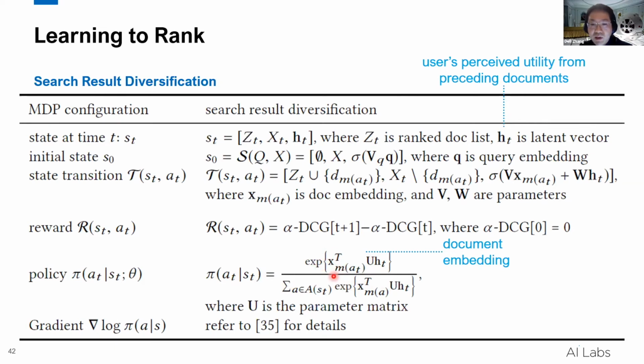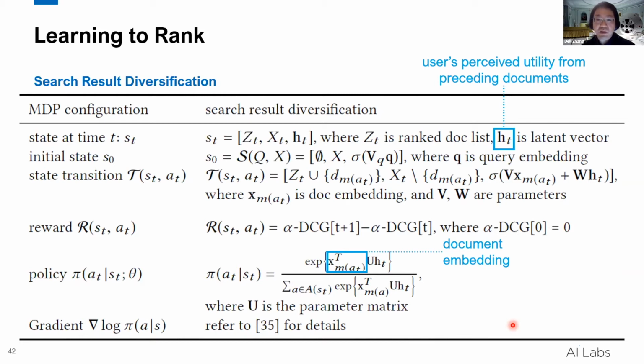This is shown as X vector here, and this would have to be combined with the current user state HT to measure their match, and the U is a parameter matrix. The derivation of the gradient is also straightforward, but it's too long to fit in the space here. But all these details are available in the original paper.